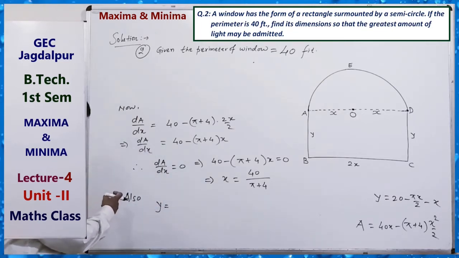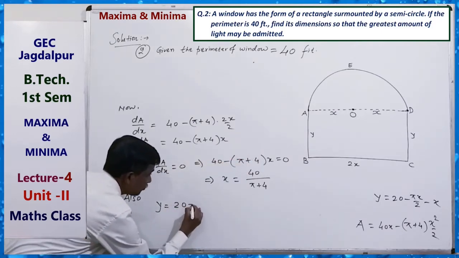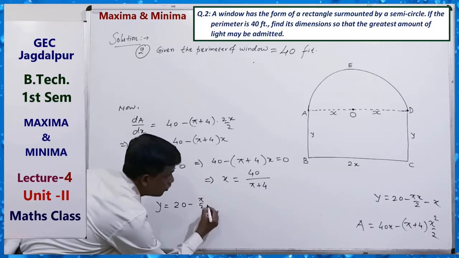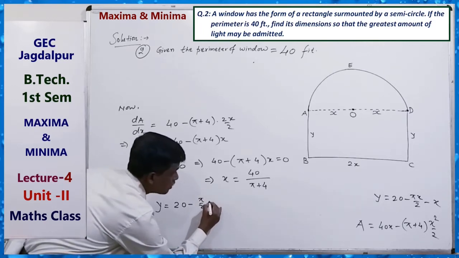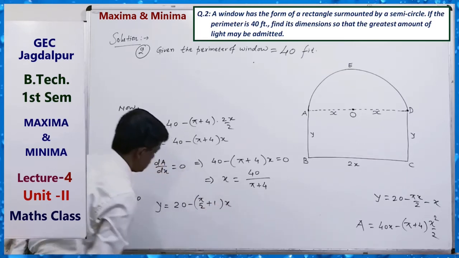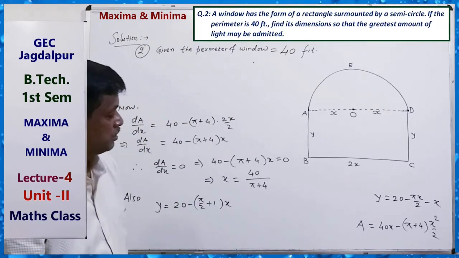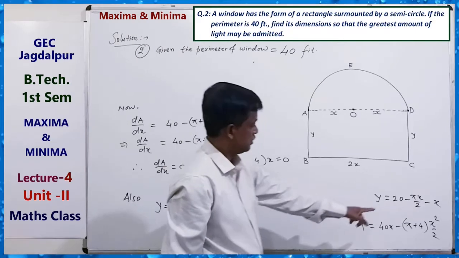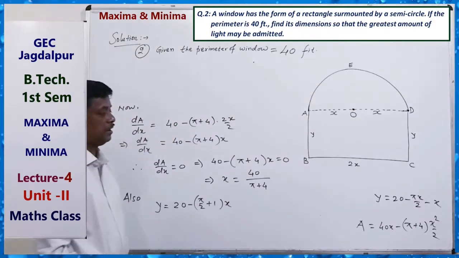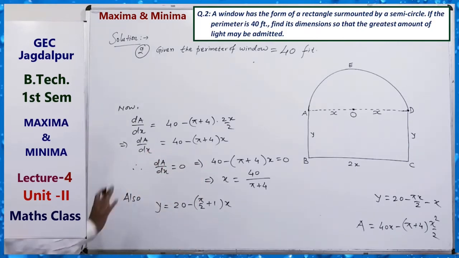So here y equals 20 minus (pi by 2 plus 1) into x; x is common, so pi by 2 plus 1. So this is the value.